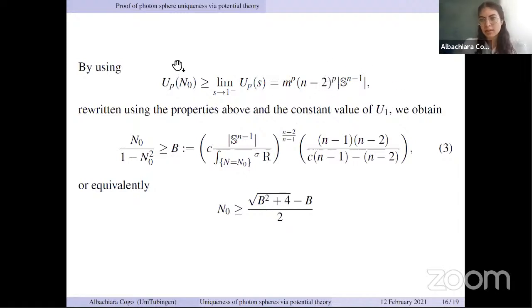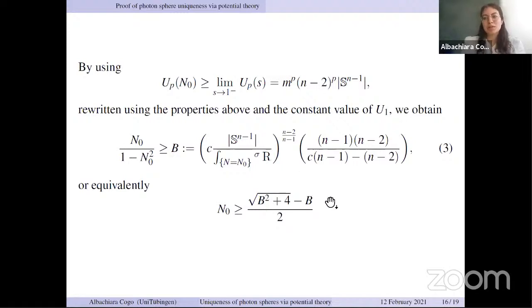And this rewritten in terms of the property of equipotential photon surfaces, and playing with this inequality, we get this lower bound for n0 which involves this b, and b is this quantity here, which is written in terms of constants and this parameter c, but more precisely in terms of this integral over a level set of the scalar curvature. So to have a precise bound here, we need to bound the integral of the scalar curvature.